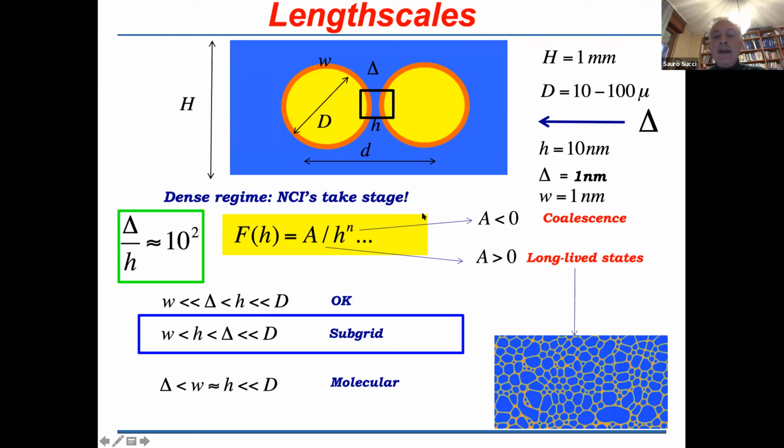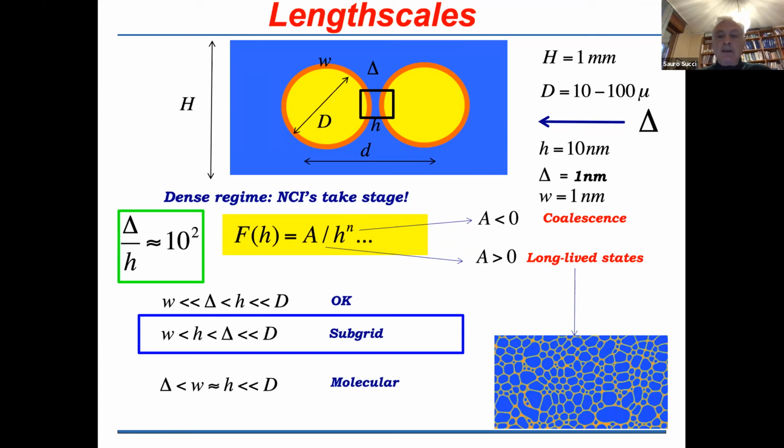So if you have a negative A in front of this force, you have coalescence, and when the two droplets come together, they merge, and that should not happen. And the question is, how do I implement the situation where when they come close enough, they repel each other so that they can live much longer?